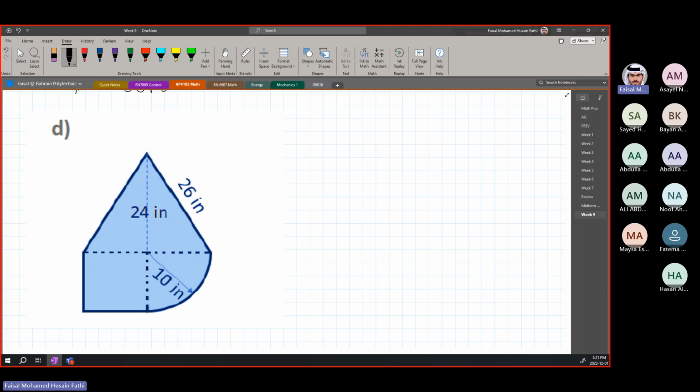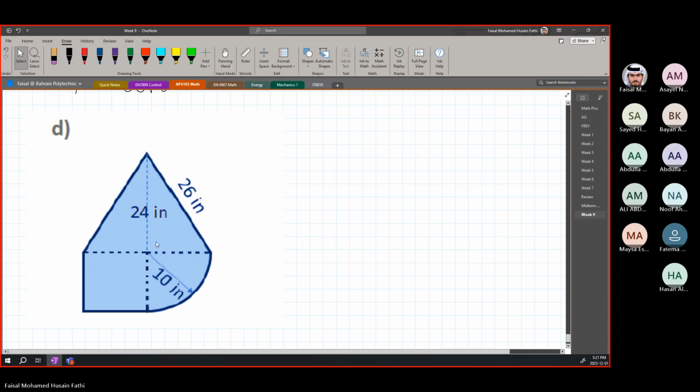And we have what looks like a square. Now, to solve this, I'm going to assume that this is a square because the circle looks like it's going to connect here. So this is definitely going to be a square.